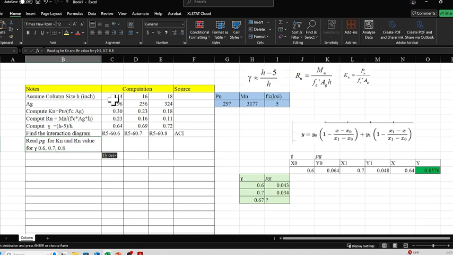For this one, because we're at 0.69, we look at gamma 0.6 and 0.7. Our gamma here is 0.72, so we're going to look at gamma 0.6, 0.7 and 0.8. Let's do this one first, and you can do the other one also. You just need to learn how we do this.